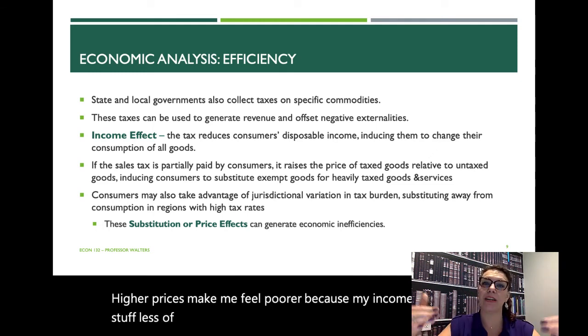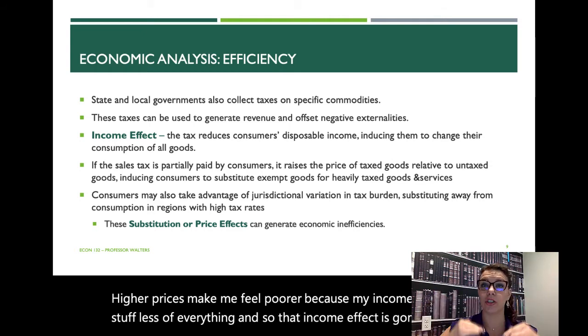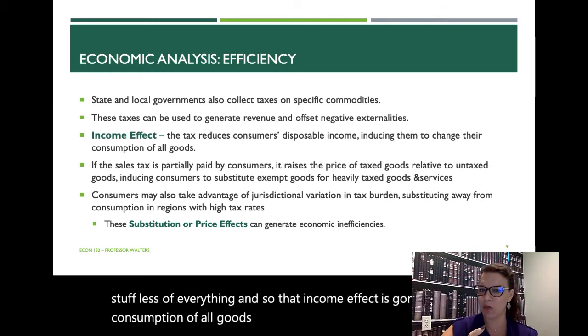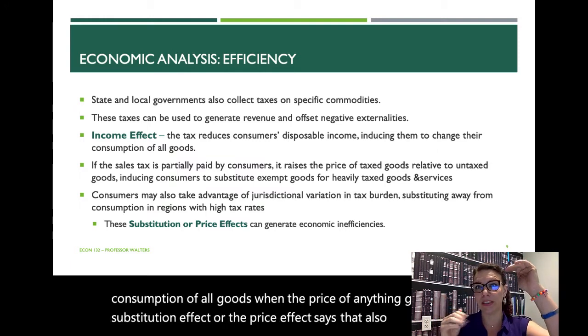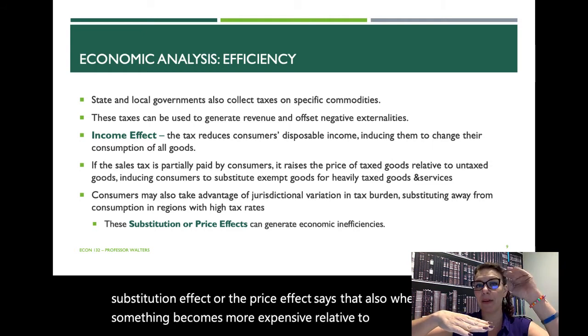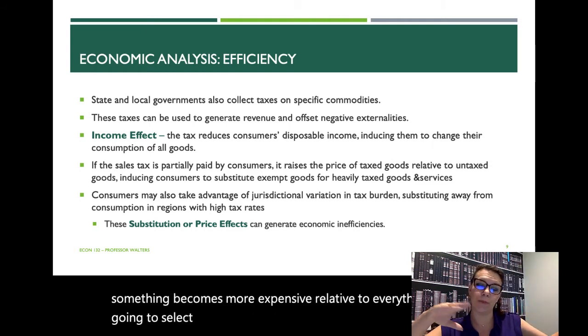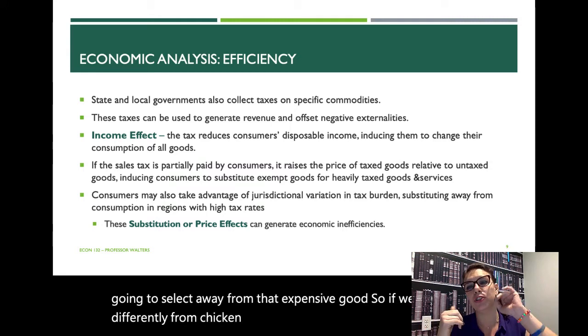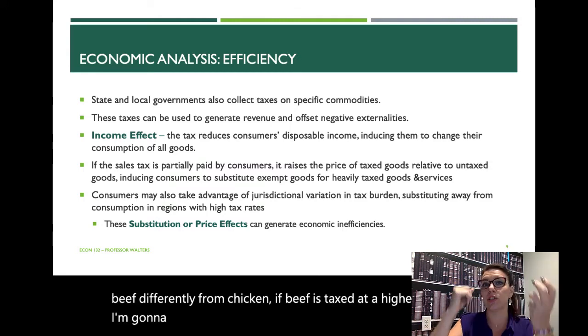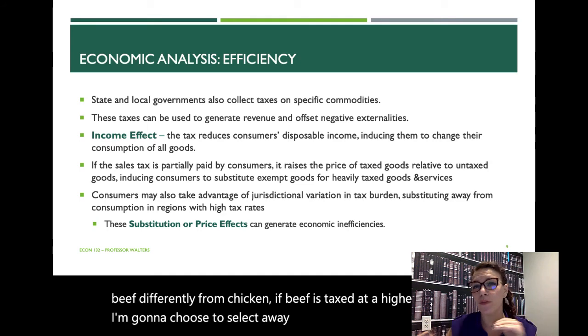And so that income effect is going to reduce consumption of all goods when the price of anything goes up. The substitution effect, or the price effect, says that when something becomes more expensive relative to everything else, I'm going to select away from that expensive good. So if beef is taxed at a higher rate than chicken, I'm going to choose to select away from beef and consume more chicken in order to avoid that additional tax.